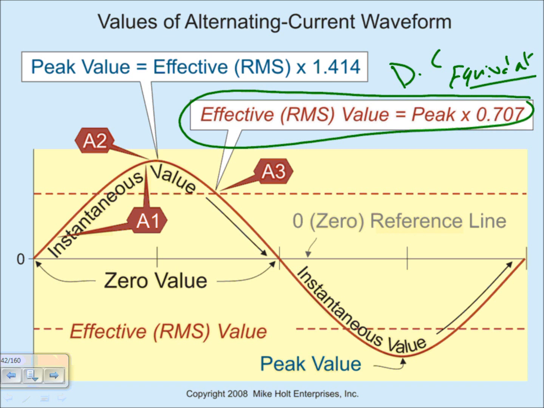So they made it the DC RMS value. The RMS value is equivalent to a DC value at 0.707 of the peak.